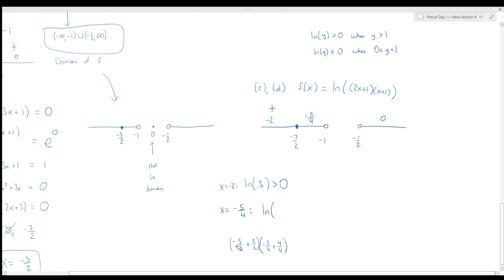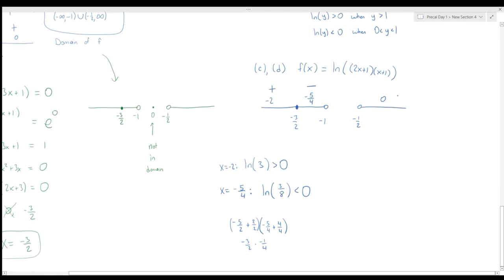That's -3/2 times -1/4, so it's 3/8. So 3/8 is between 0 and 1. So natural log of 3/8 should be negative.